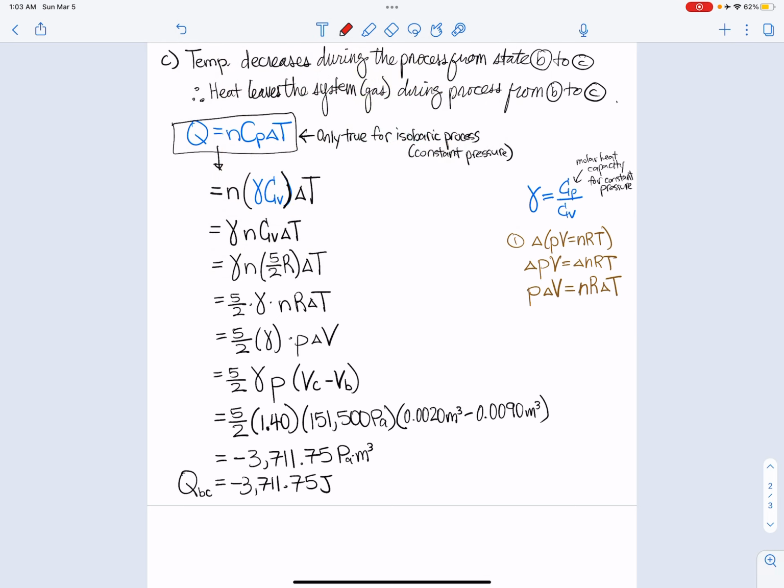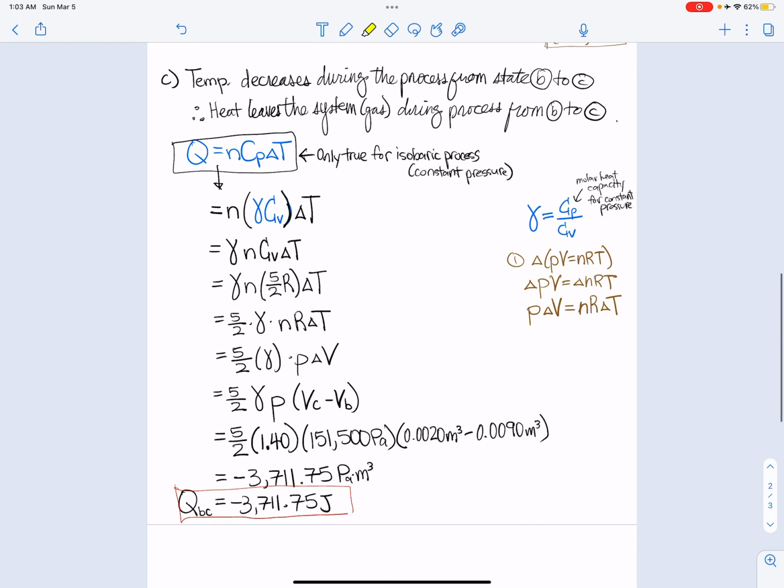And that kind of makes sense, right? Since our heat transfer right here has a negative sign, that means heat is leaving the system, or leaving the gas. And that's what we're trying to find out in part C: how much heat leaves the gas and where it leaves the gas.